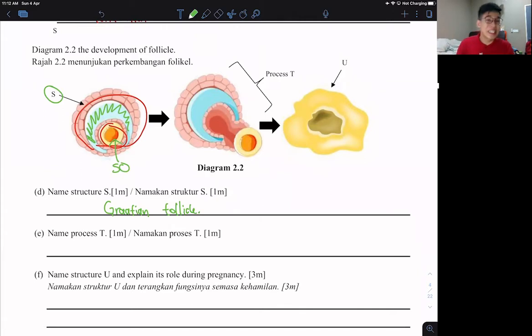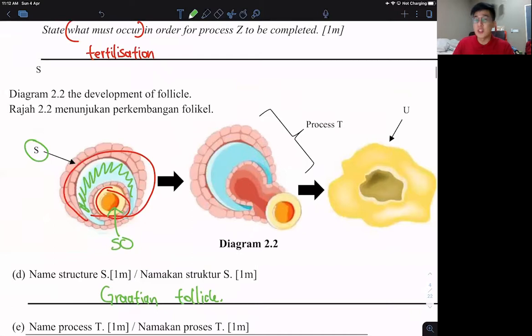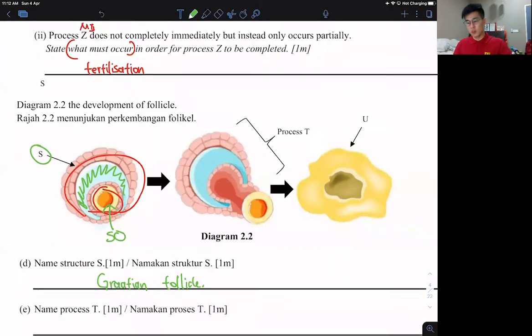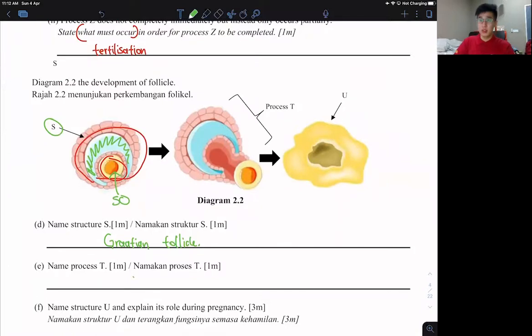Name process T. What's happening here is the Graafian follicle releasing out the secondary oocyte. So process T is called ovulation.